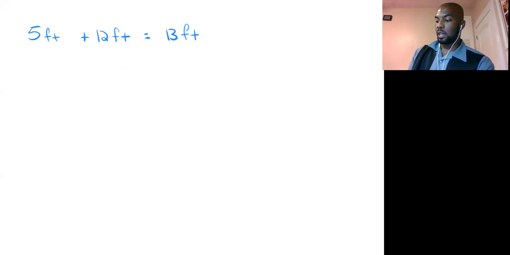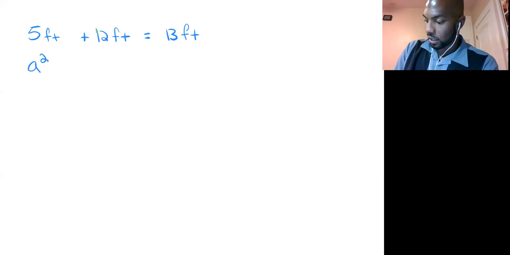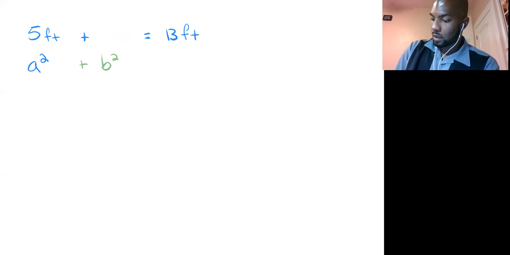And replace it with an equal sign. Remember, I need to use the Pythagorean theorem, which says a squared plus b squared. Why don't I just clean this up for you? Does it equal whatever my c squared is?